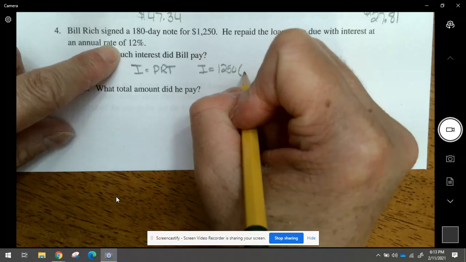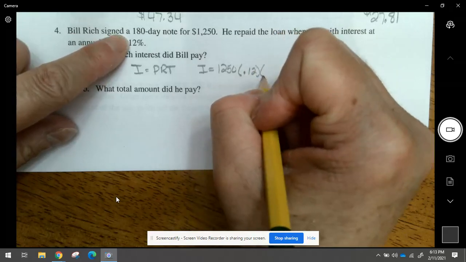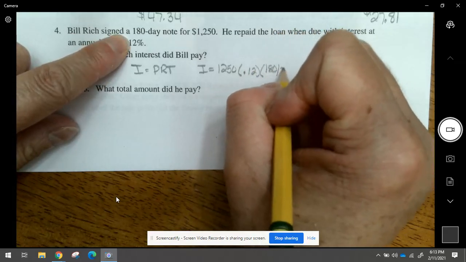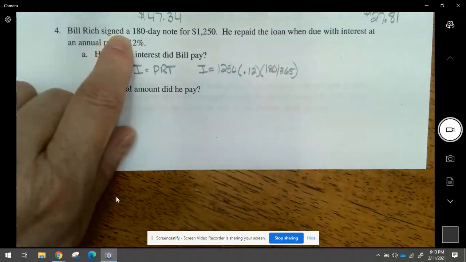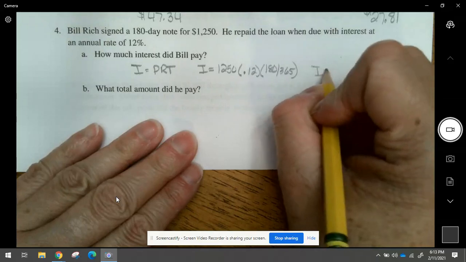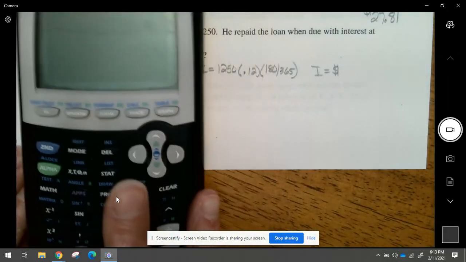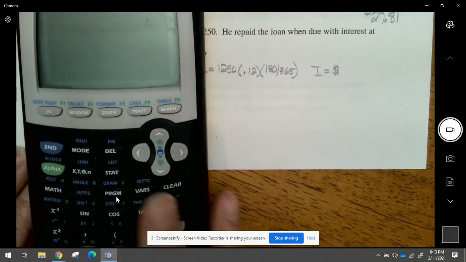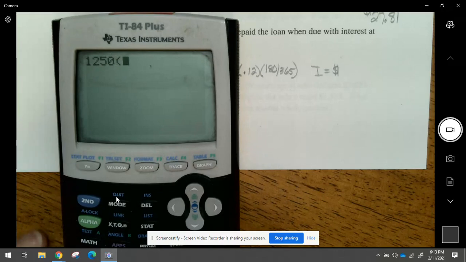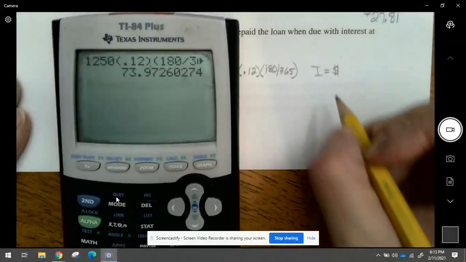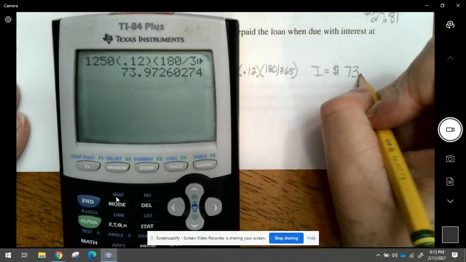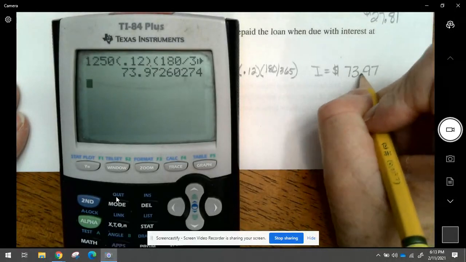The rate is 0.12, and the time is 180 divided by 365. So the interest he's paying is $73.97.